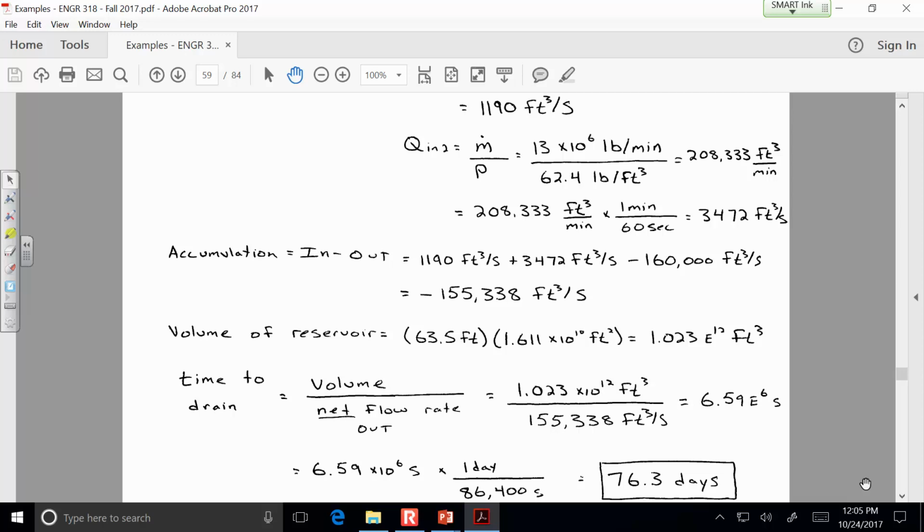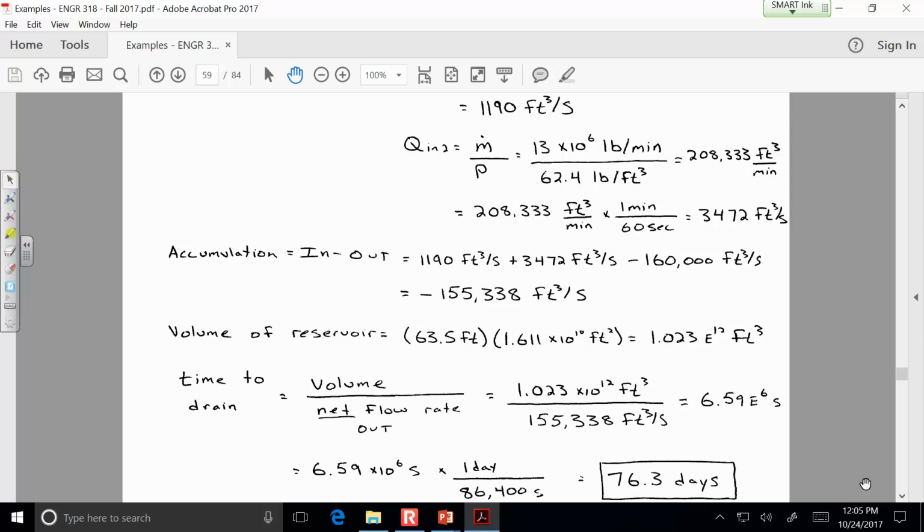So a couple of good questions as I was walking around. Someone said, well, wouldn't the outflow rate decrease over time? Because as that water level gets lower, the stream of water that's shooting out is going to decrease. At first, when you've got 63 feet, it's going to be coming out of that hole with quite a lot of pressure, so the velocity is going to be quite high.